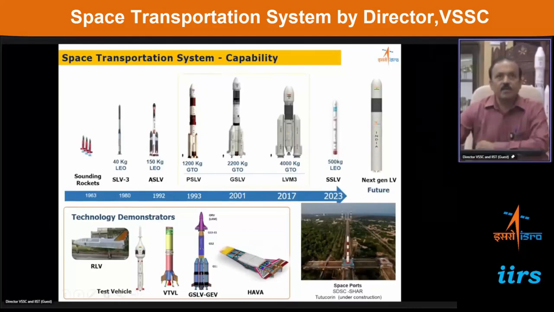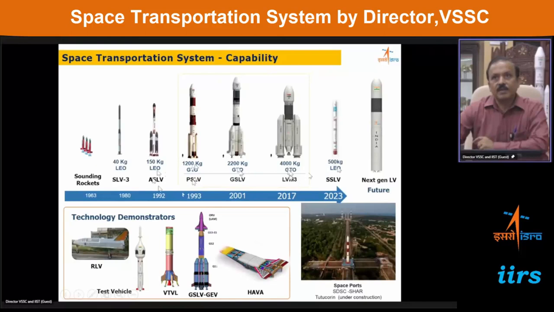Then we augmented SLV with two strap-ons, two solid boosters, giving 150 kilograms to LEO. But these two vehicles are not there now. The next major change in 1993 was PSLV, which can take 1,200 kg to a geo transfer orbit, and GSLV, which can take 2,200 kg to GTO, and the LVM3, which can take 4 ton to GTO.